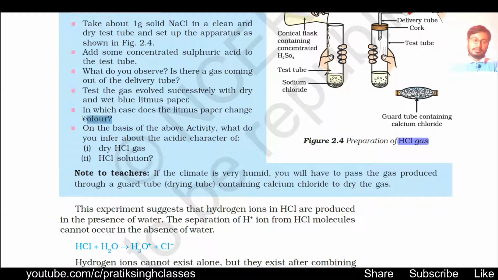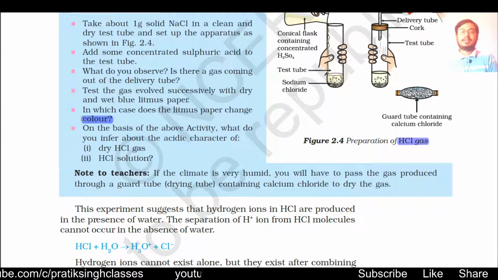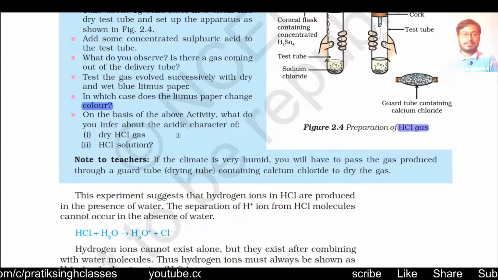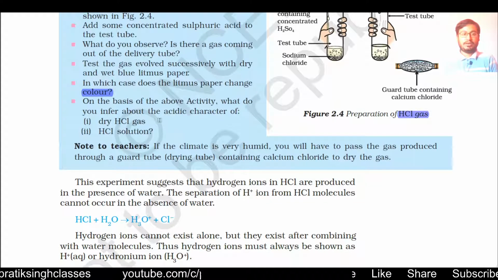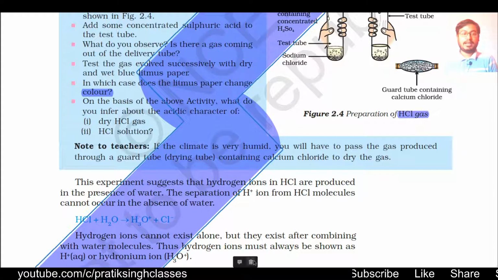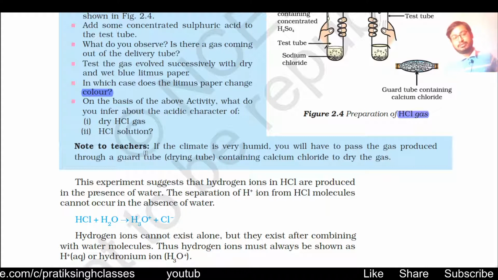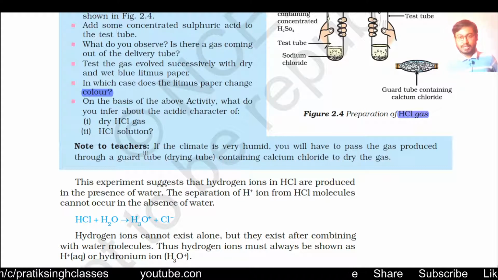Whether the dry litmus paper has changed color or the wet litmus paper has changed color. On the basis of the above activity, what do you infer about the acidic character of dry hydrochloric gas and hydrochloric acid aqueous solution?